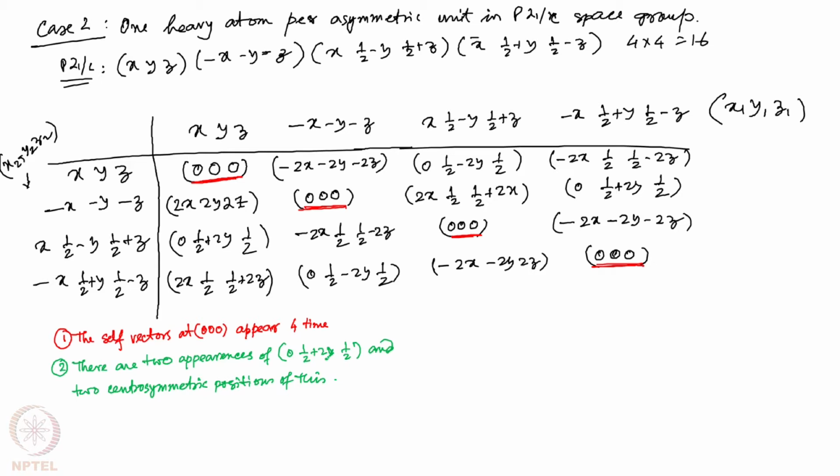So 0, half plus 2y, half is here, and also 0, half plus 2y, half is here. The corresponding centrosymmetry related points are these two, where instead of half plus it is half minus.